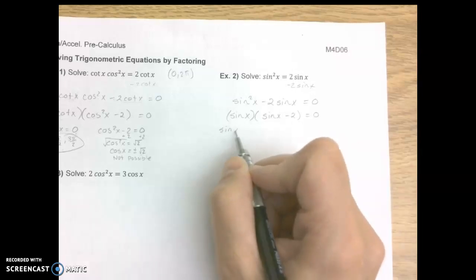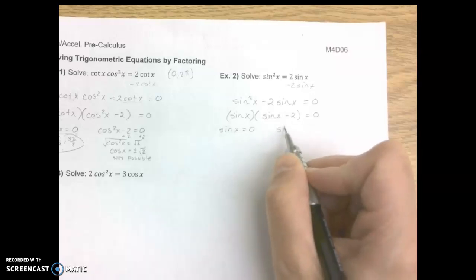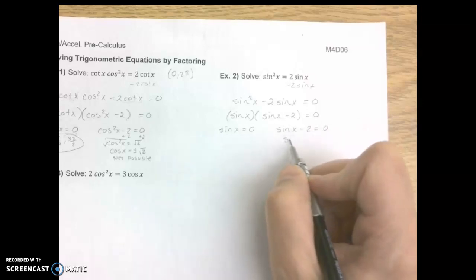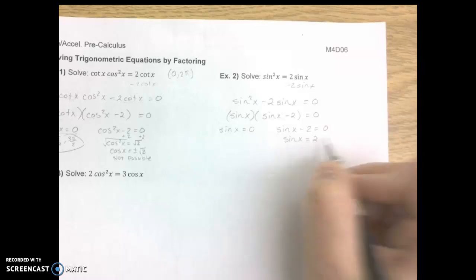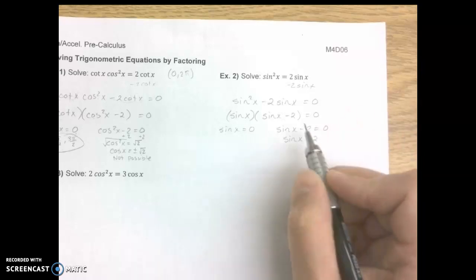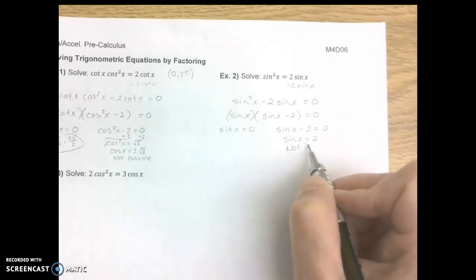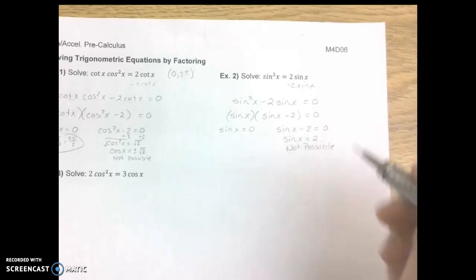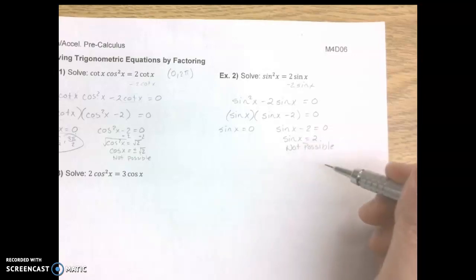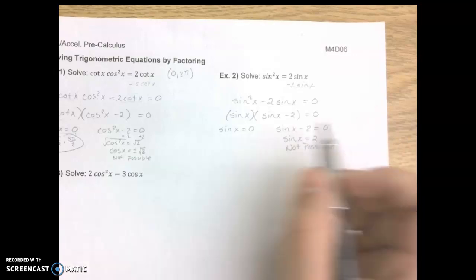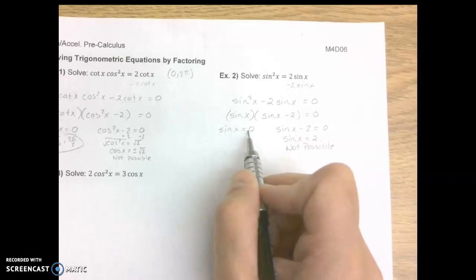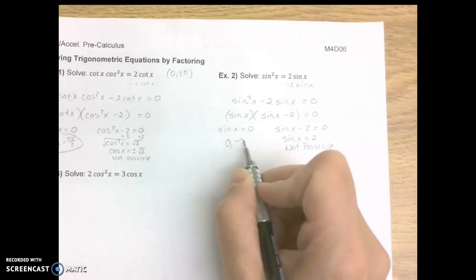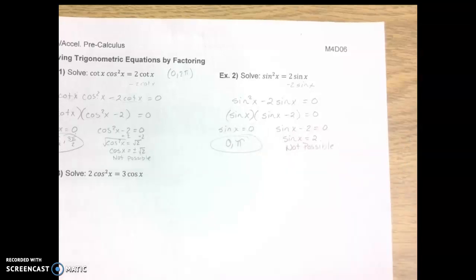This one is sine of x is equal to 0, and this is sine of x minus 2 is equal to 0. This would be the sine of x is equal to 2, which we know is not possible. Remember, it has to be less than or equal to 1 and greater than or equal to negative 1, and this is not going to work. All right, so where is sine 0? Well, that's going to be at 0 and pi, and those are my solutions.